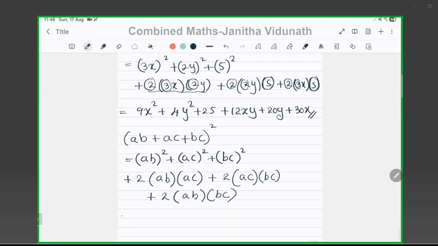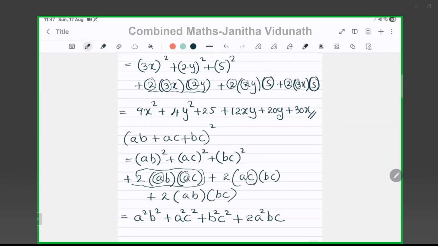Then we can simplify this as a squared b squared plus a squared c squared plus b squared c squared, plus here we get a times a squared, and 2a squared bc.